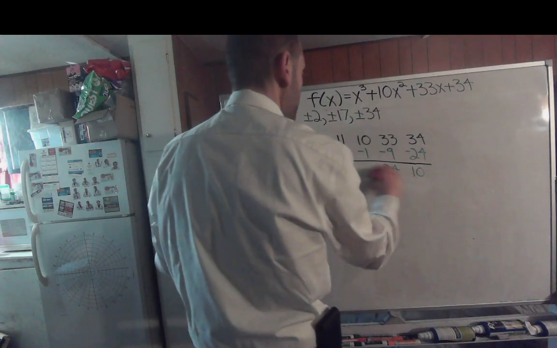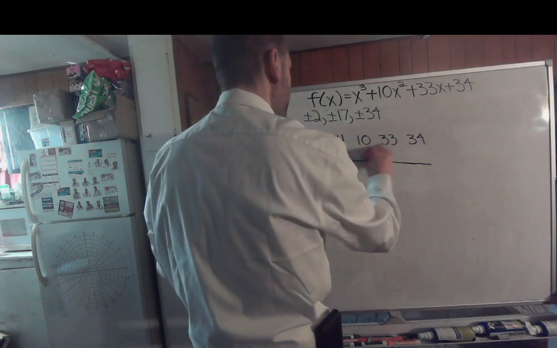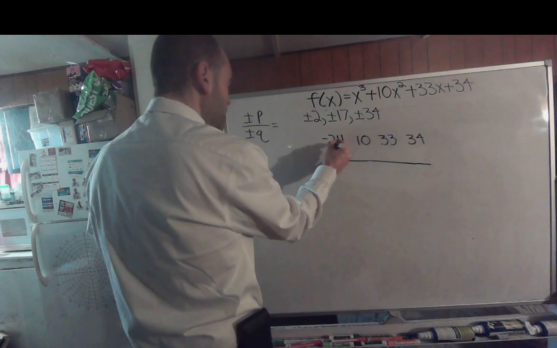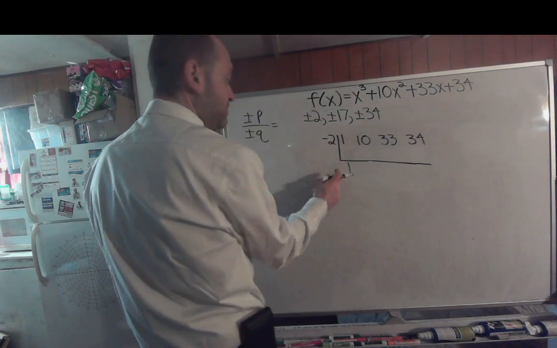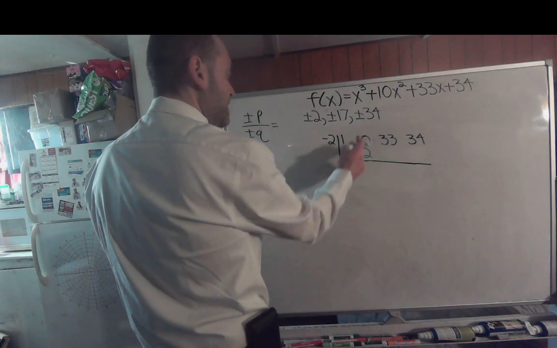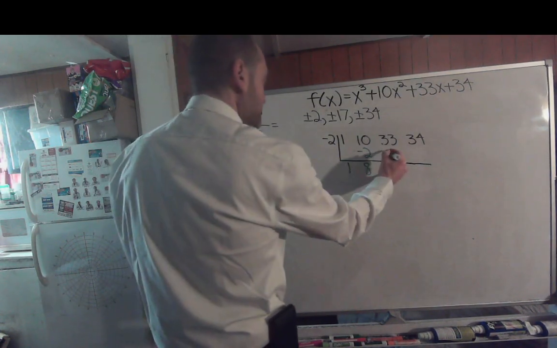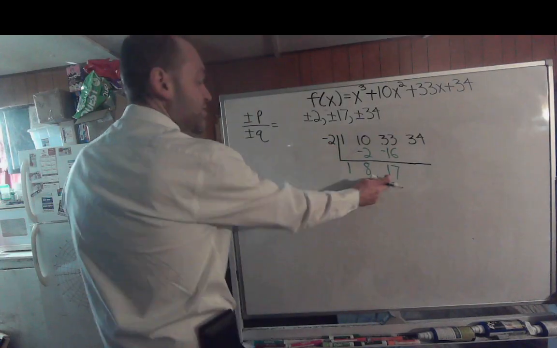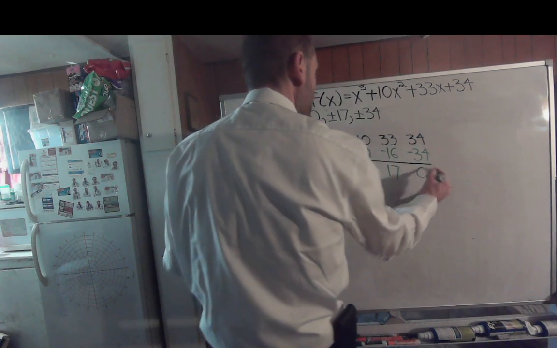We've narrowed it down now a little bit more. Let's try -2. So go ahead, bring down your 1. -2 times 1 is -2. 10 minus 2 is going to end up being 8. -2 times 8 is -16. 33 minus 16 is 17. -2 times 17 is -34. 34 minus 34 is 0.